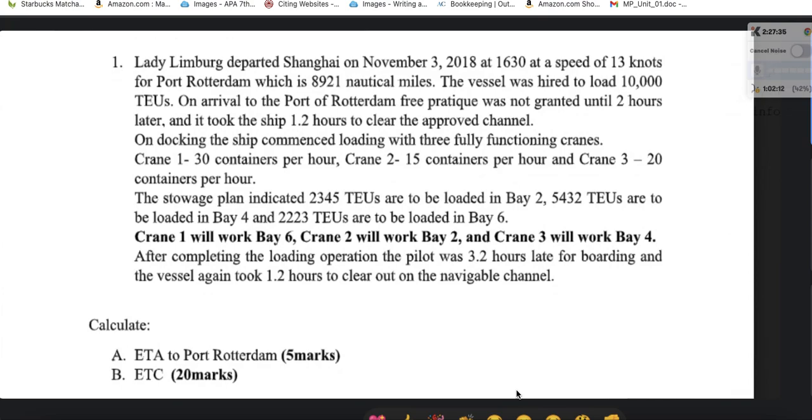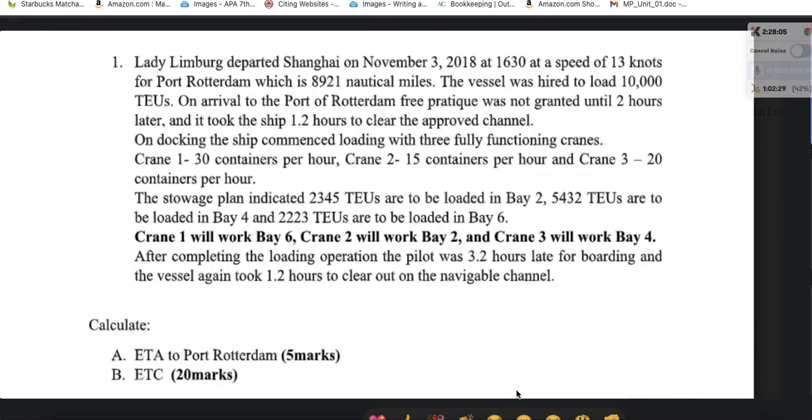Alright, so first thing you want to do, to not confuse yourself, is list out which crane is in which bay, loading how many TEUs, and how many TEUs per hour that crane can load. You just want to write that, so you don't mix up your mind. Understand?